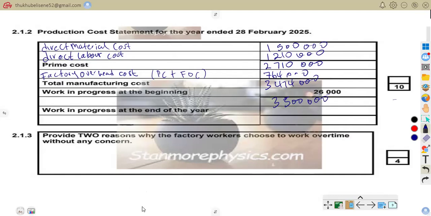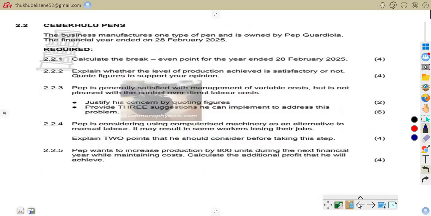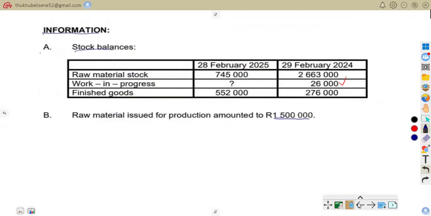So now we are going to have work in progress at the end of the year, which we are going to subtract. For us to calculate it, as we know very well, we are not given the closing work in progress. We only have the opening, which is at 29 February 2024.